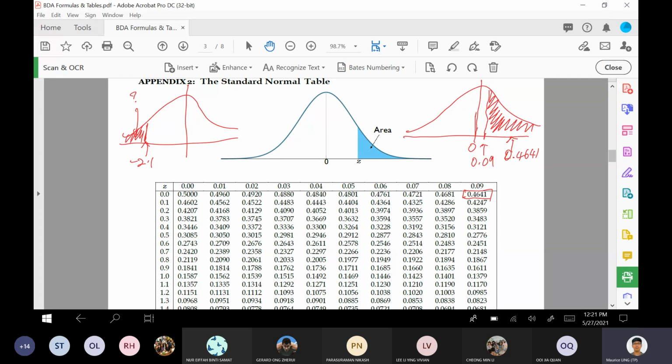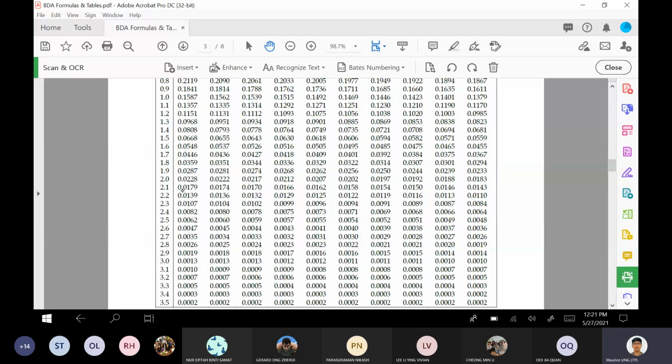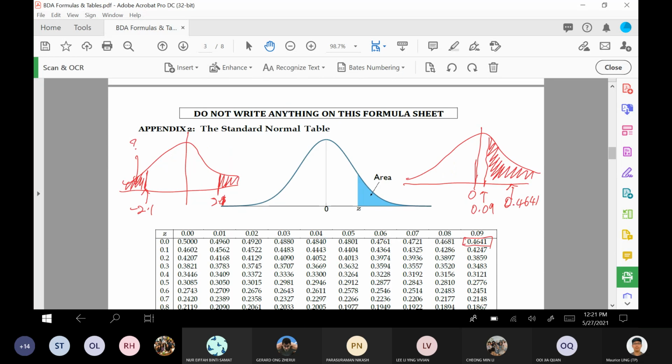Since minus 2.1 is actually the same as the area for 2.1 and beyond, you just go to 2.10, which gives this answer, 0.0179.